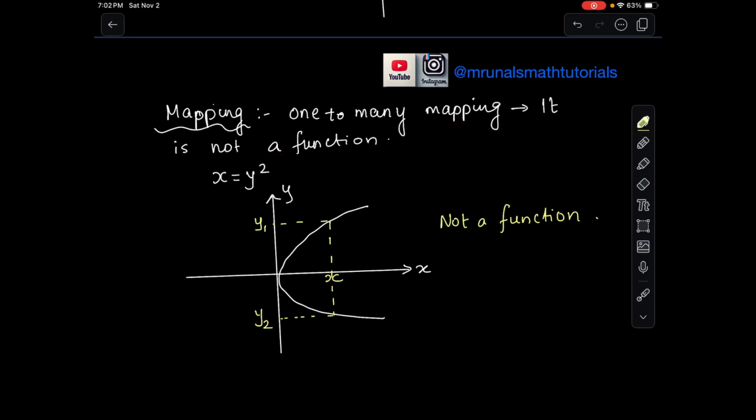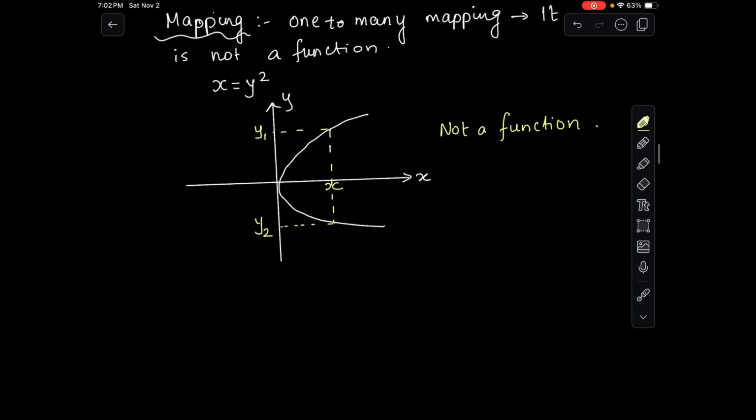So there are two types of tests that we can do on the graphs of functions to understand whether it is one-to-one or many-to-one, or even if it is a function. So the horizontal line test is the first test.